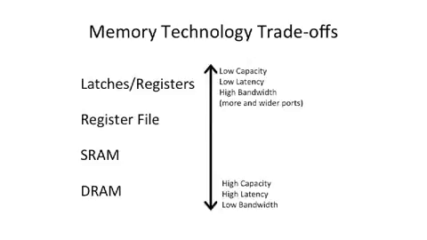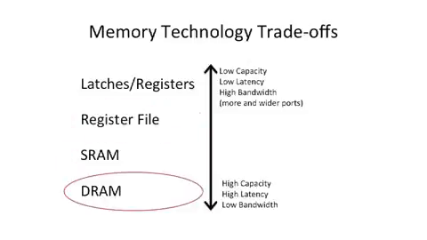Well, we can go from fast, close, small things, like latches and registers, and we put them together into bigger things like a register file and an SRAM, and have different technologies even.